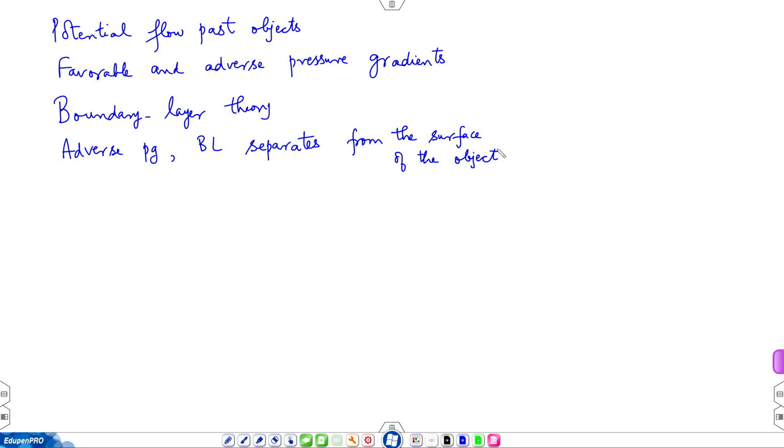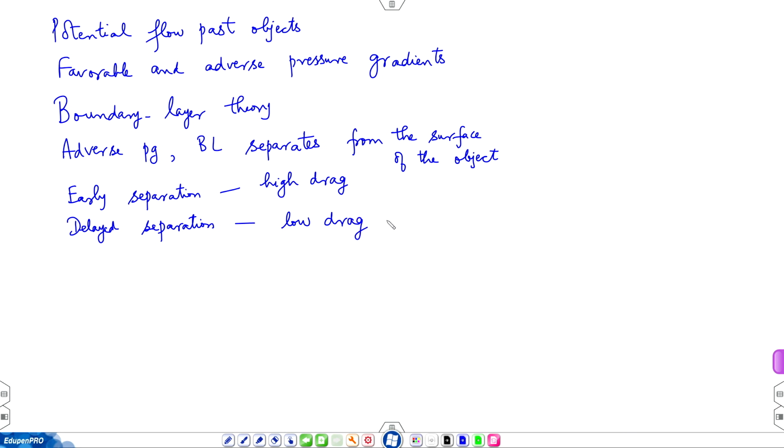So, we also saw that early separation will result in high drag, delayed separation will result in low drag. So, we started looking at means by which we could delay separation, all in the context of a circular cylinder.